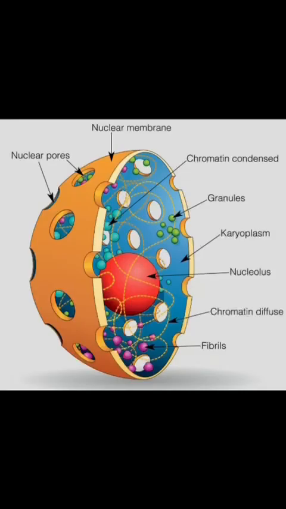Well, I'm going to talk about the animal cell and the cell organelles. First, the cell has a nucleus that acts as the control center of the cell. It contains the DNA, and it regulates cellular activities by directing processes like DNA replication and RNA transcription.